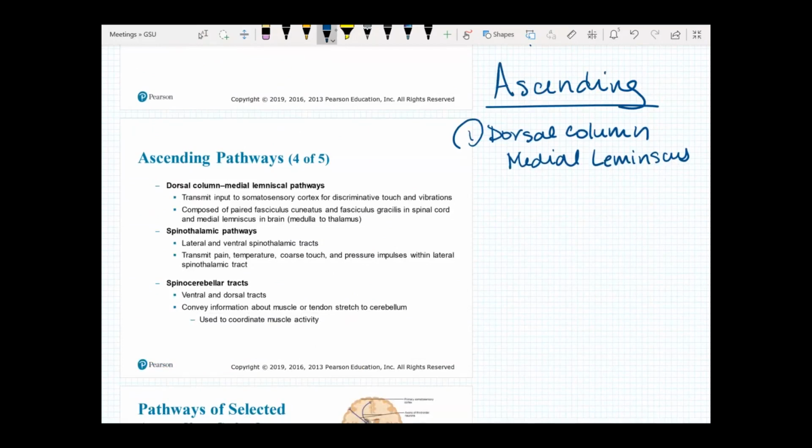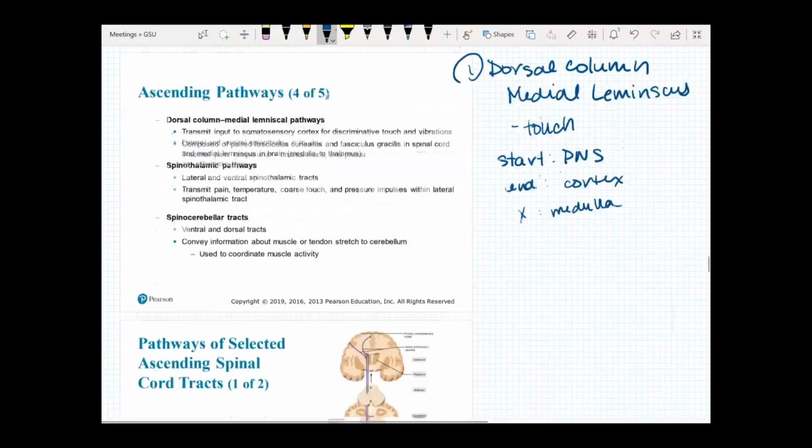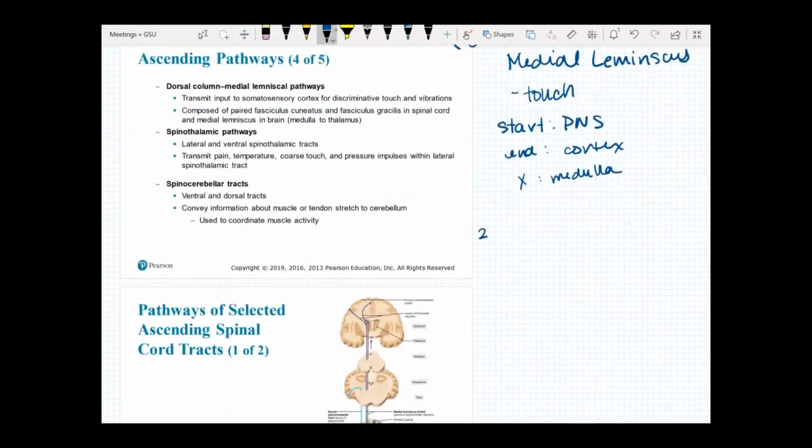The easiest way to describe this is that it's carrying touch information. It's going to start somewhere in the peripheral nervous system, and it's going to end all the way up in the brain in the cortex. And it will decussate, or cross, at the level of the medulla. Then the second ascending pathway is the spinothalamic pathway.